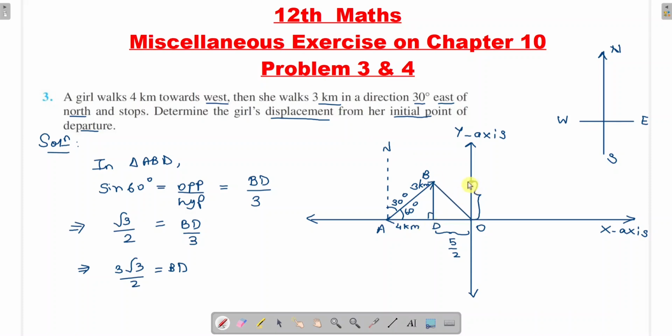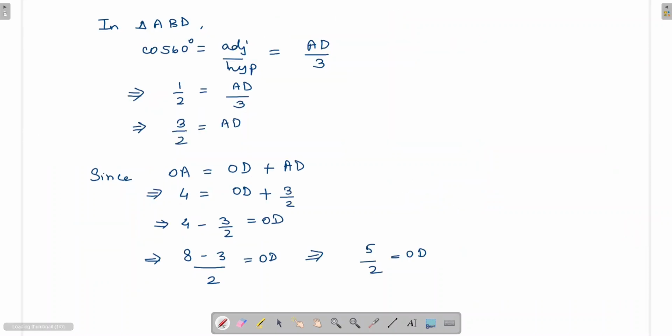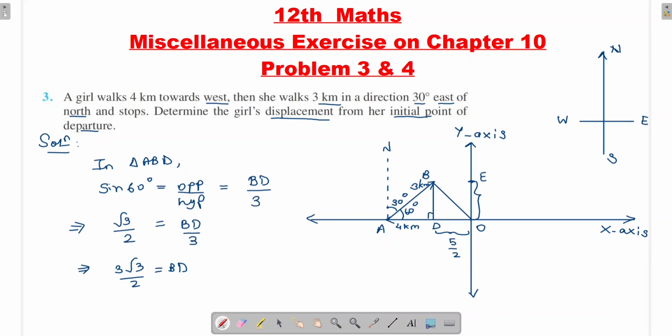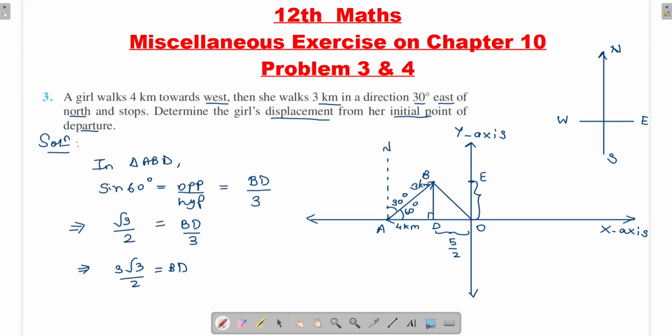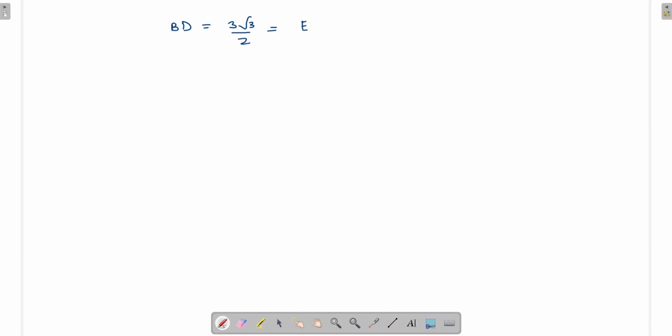Since BD is parallel to EO, if we call this E, then we can find BD by finding EO, because they are the same. BD we have found out, so BD is equal to 3 root 3 by 2, which is equal to EO.